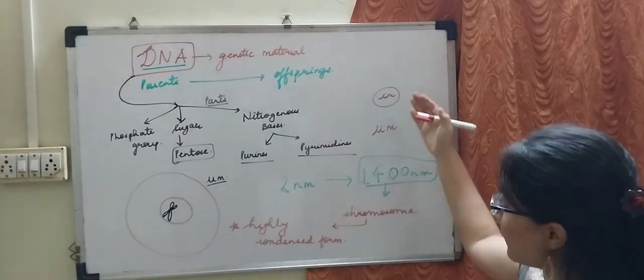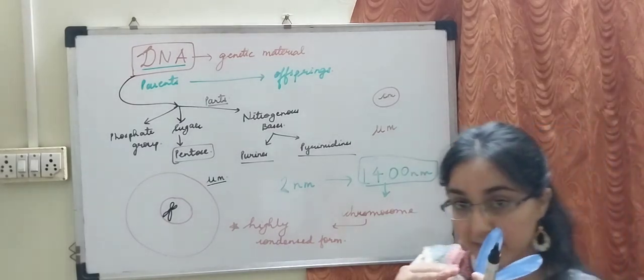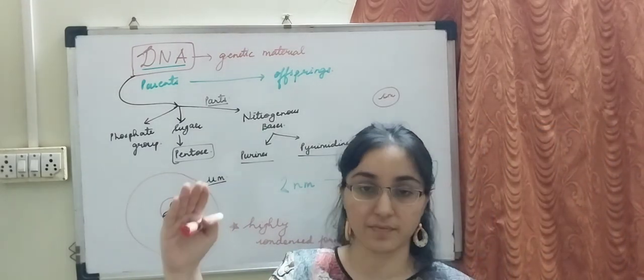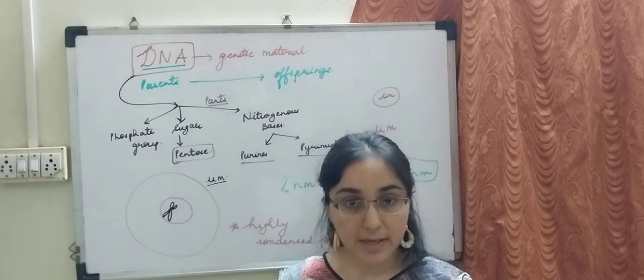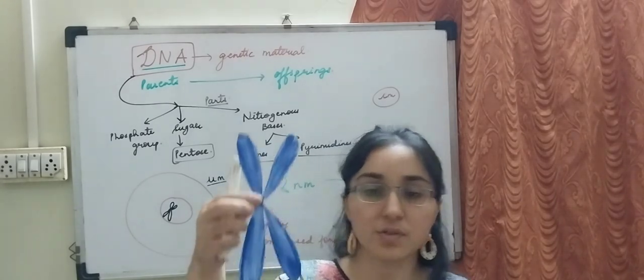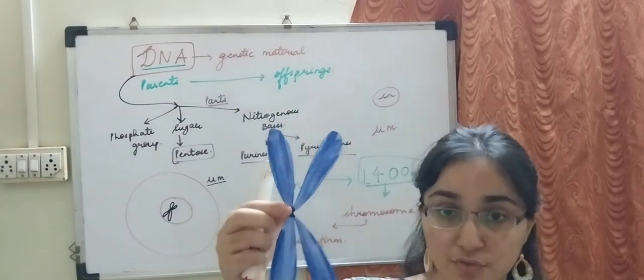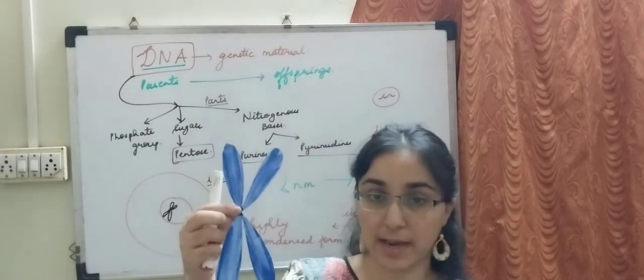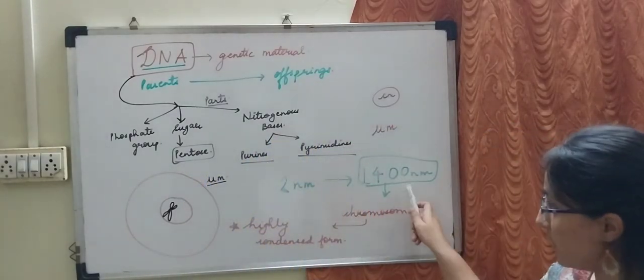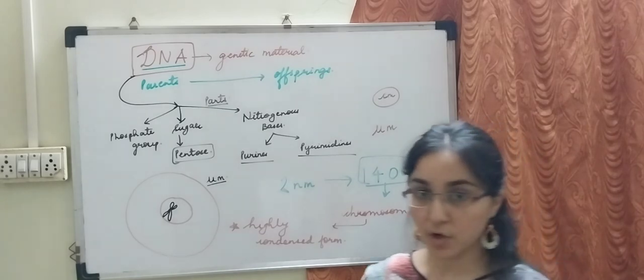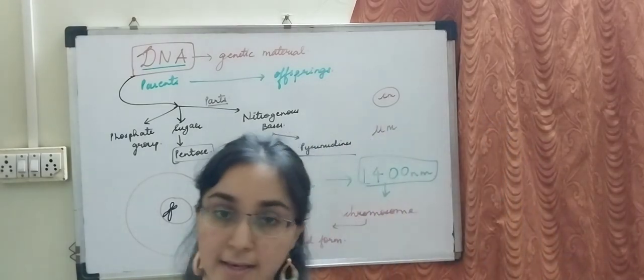So the length of the DNA was in centimeter. Now the thickness of this chromosome is 1400 nanometer, which I told you here, and this is chromosome. So I hope till here this is clear.